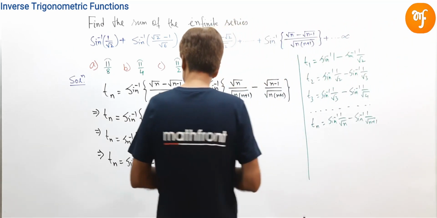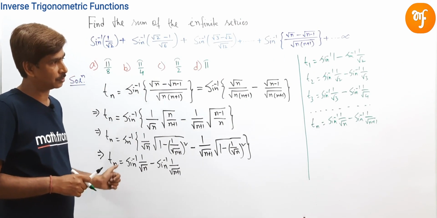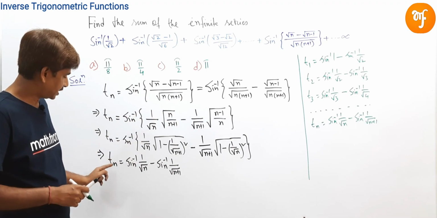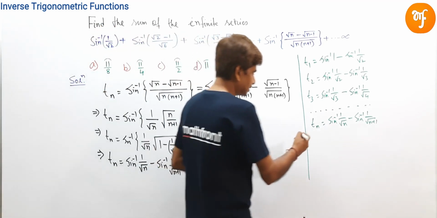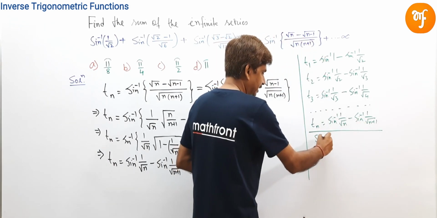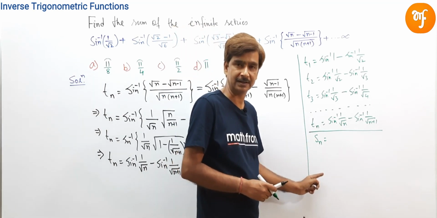Look carefully. In Tn, we put n equal to 1, 2, 3 consecutively and so on. Finally, we write Tn here directly. Okay. So, if we add this, the left hand side will give Sn because T1 plus T2 plus T3 till Tn is Sn.